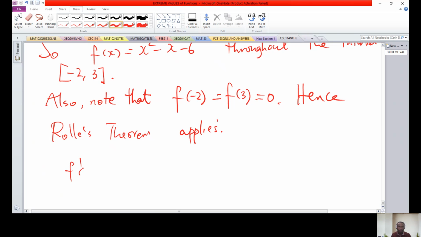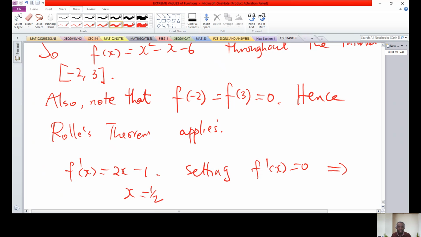So now f prime of x is given by 2x minus 1. Setting f prime of x to 0 implies that x is a half.